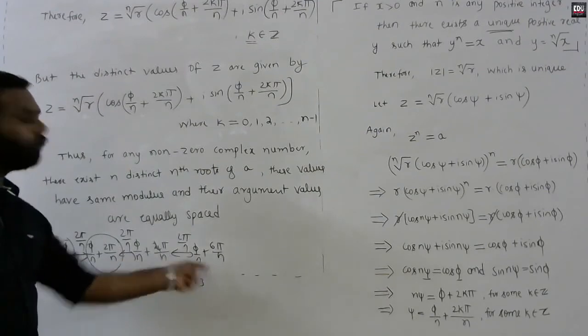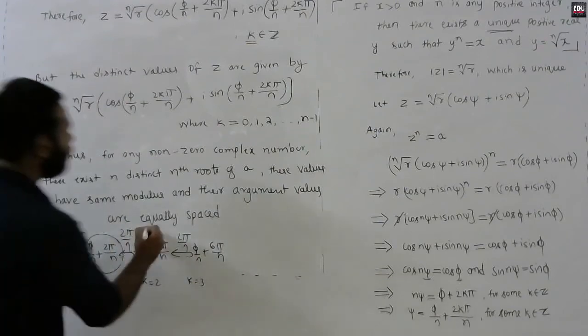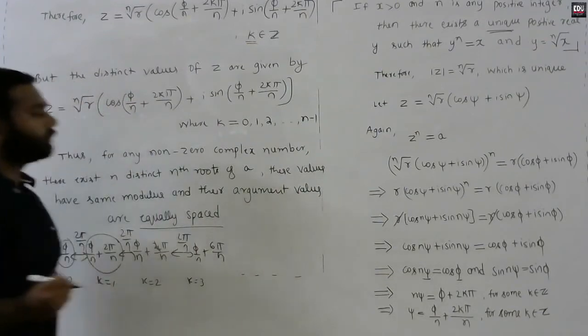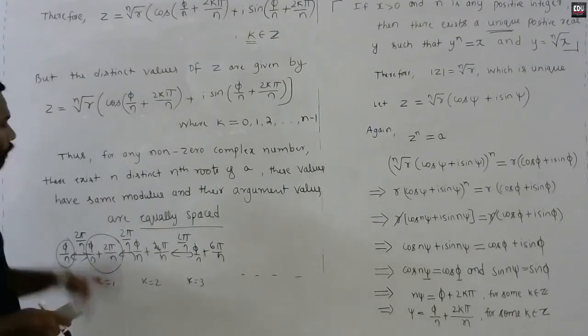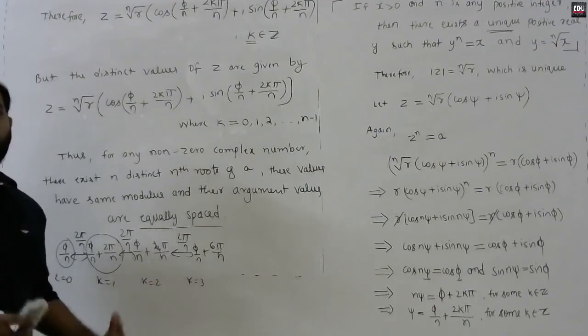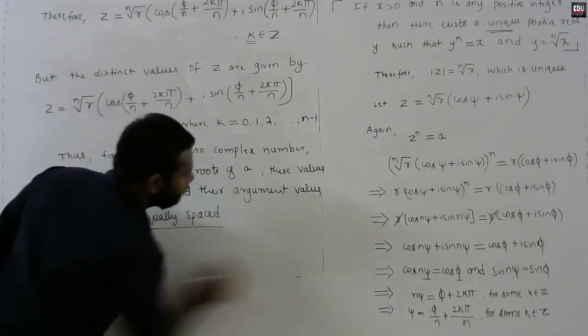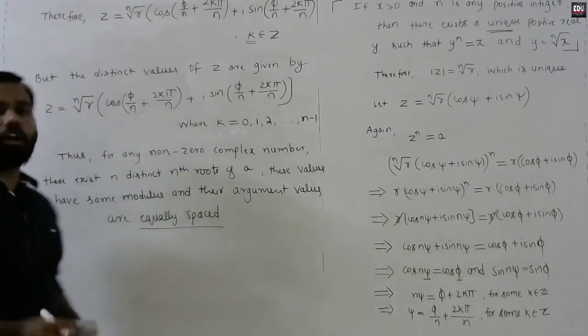The argument values are equally spaced, and the distance between any two consecutive argument values is 2 pi by n. So this is about the nth roots of a complex number.